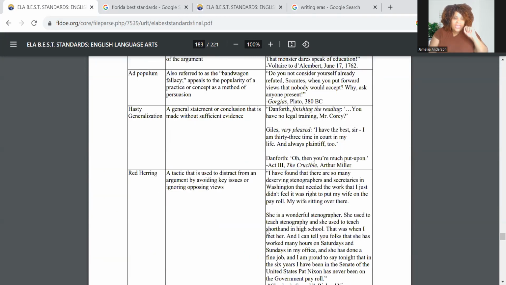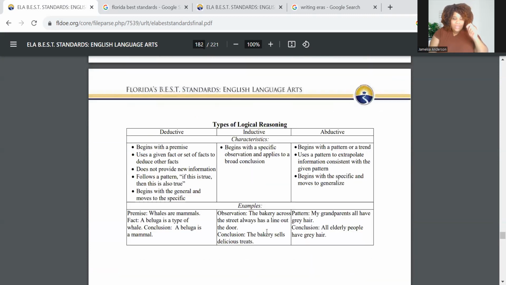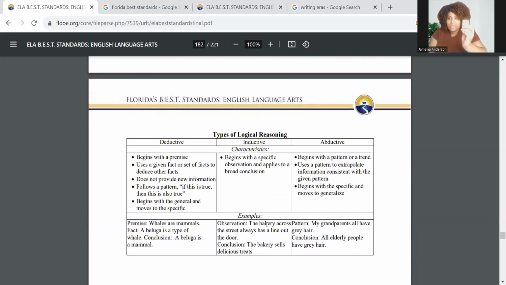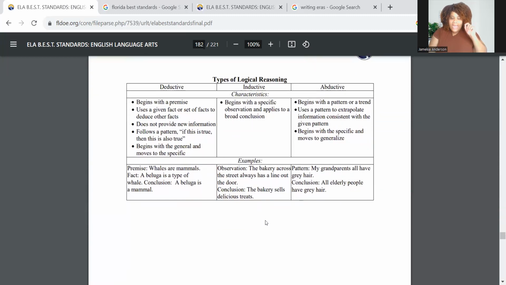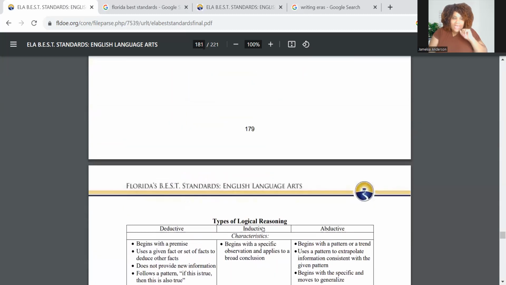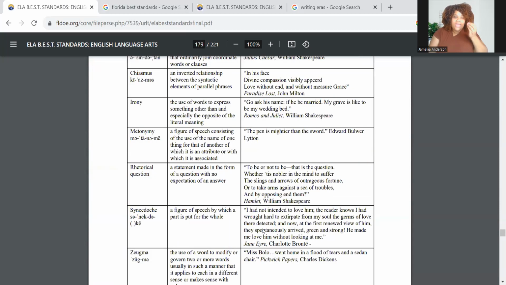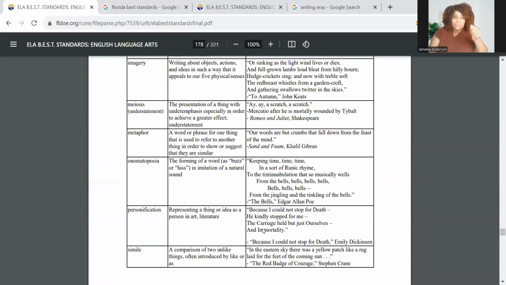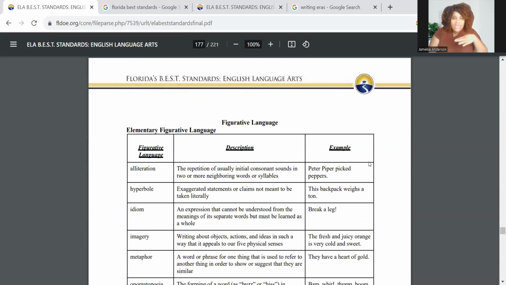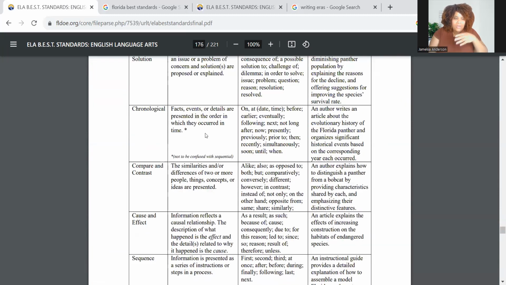You can easily put some sticky notes. I love sticky notes. I'm the sticky note queen. And I got them in all sizes and colors. But you're able to go through and actually put the sticky notes on those particular areas. Just like right now, we're looking at figurative language. It's on both.